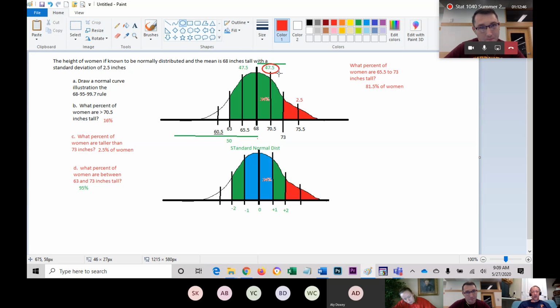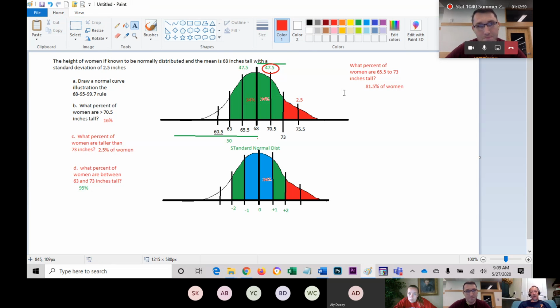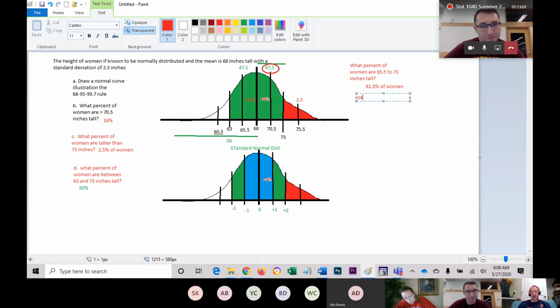And then we know that from 68 down to 65.5 is 34%. And so then I just added the two. So you add those two. So 34 plus 47.5 equals 81.5%. So well done. Okay, that's exactly correct.